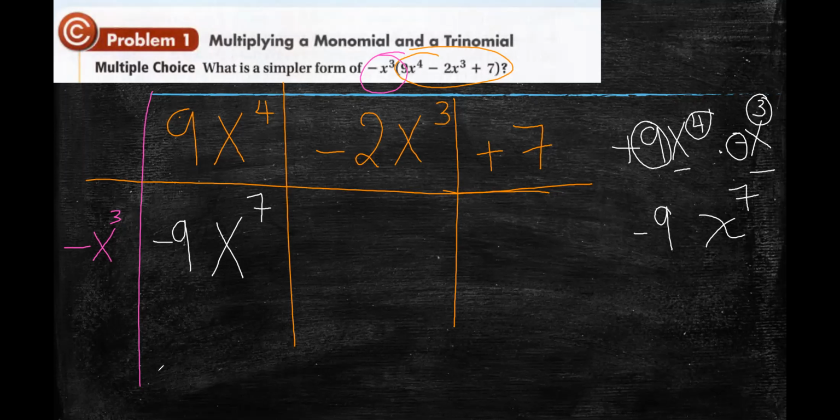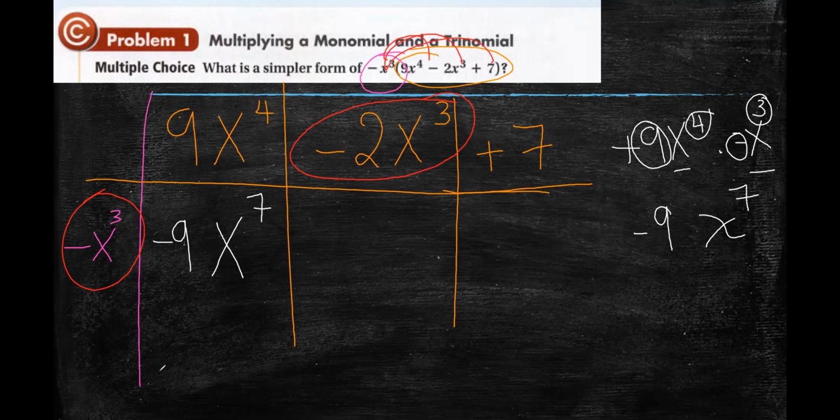Second step, I will multiply negative x cubic by negative 2x cubic. Like the distributive property, multiply the first term, then the second term, then the third term.